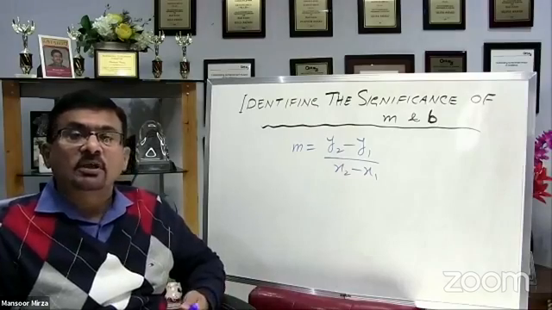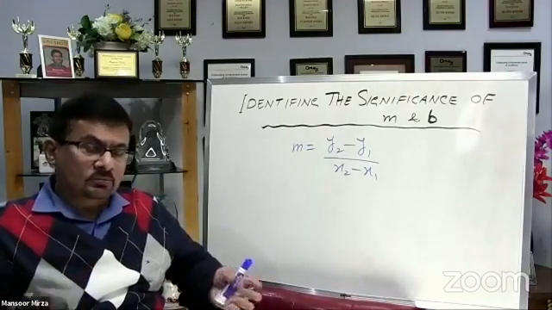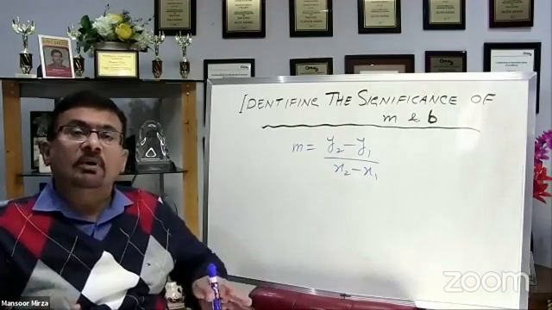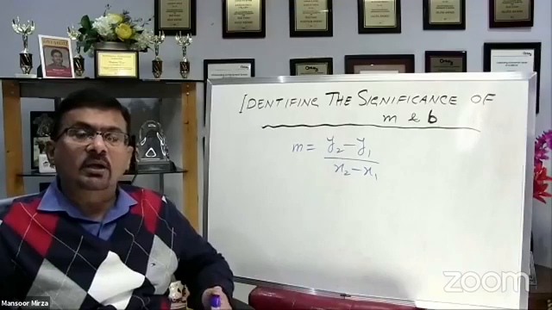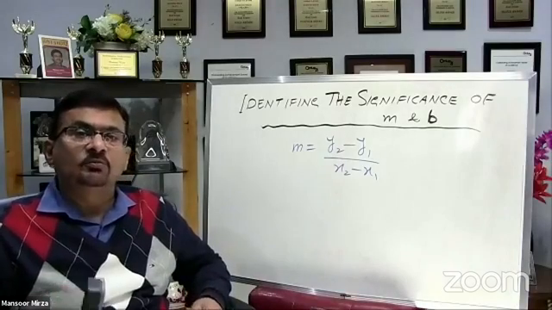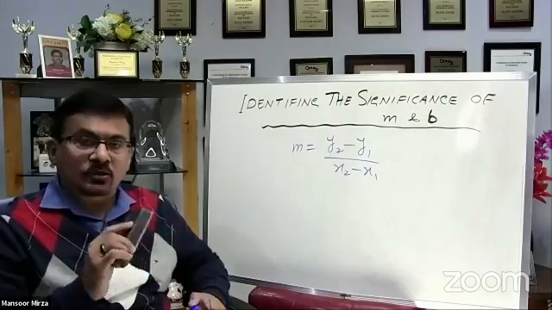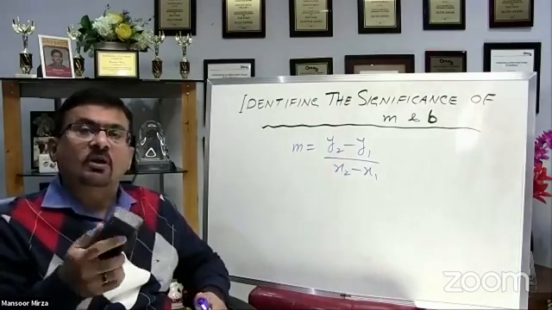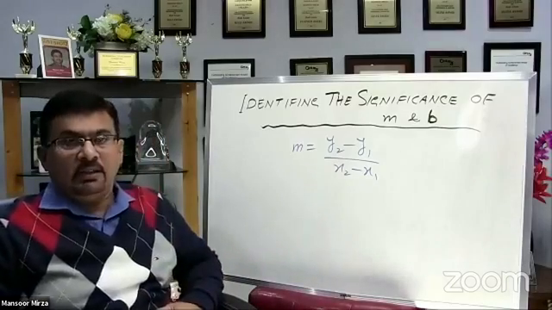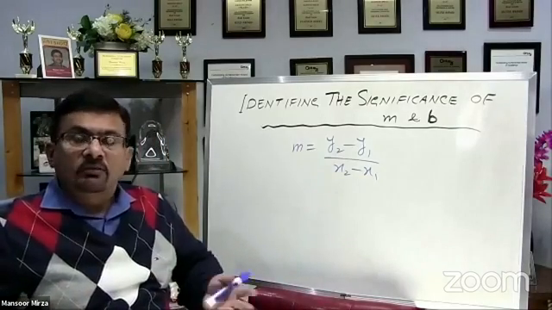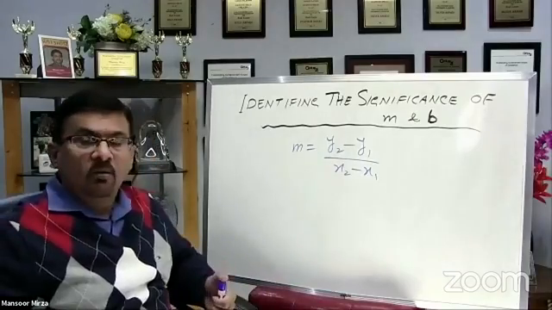In some cases, we are not given the value of m right away, but we are given two coordinates, and it explains clearly that both coordinates are right on the line we are going to discuss. So if these points are on the line, we can use this formula to find the value of m. And then if we are given b, we can easily find the slope-intercept form of the line.